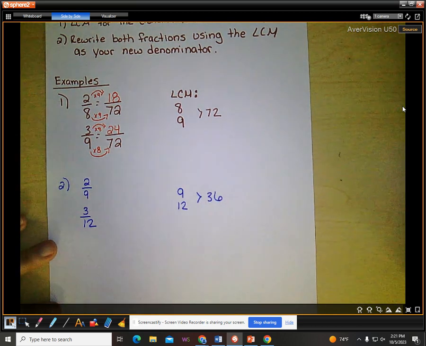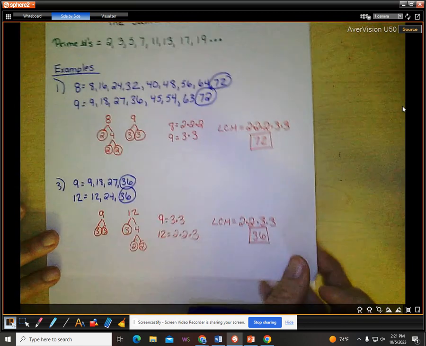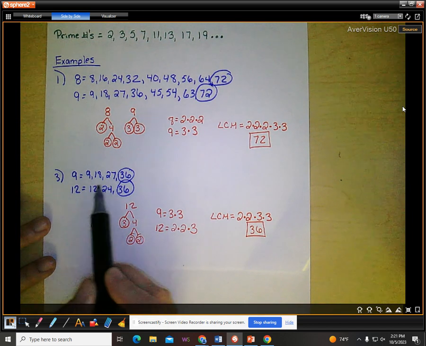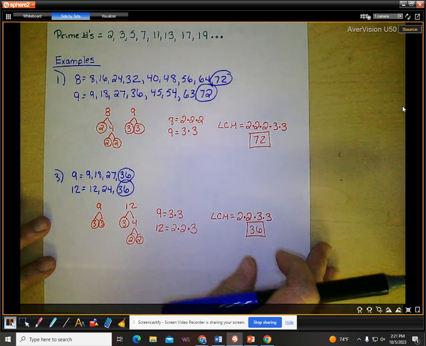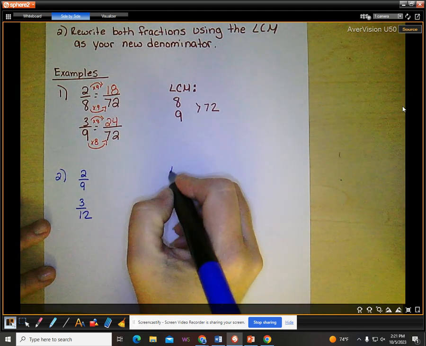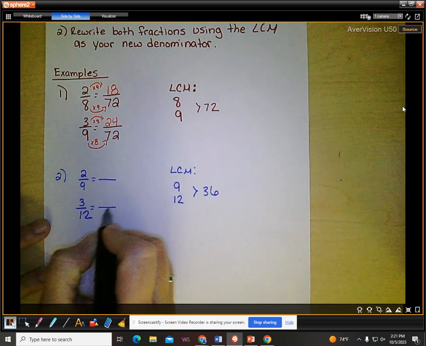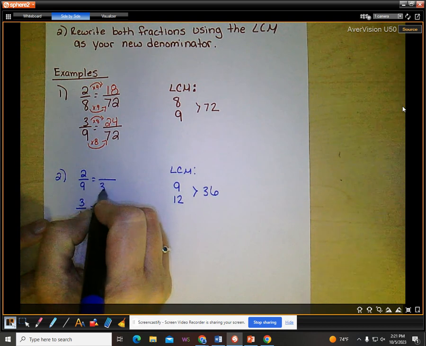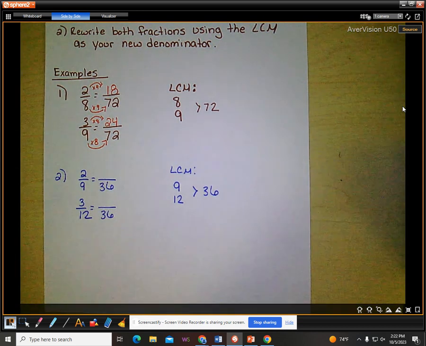You can find that using lists, or you can find that using factor trees. So we had 9 and 12. We found it using a list is 36. We found it using factor trees as 36. So again, you can look back at yesterday's notes. If I know my LCM is 36, I am going to rewrite both fractions with 36 as my denominator. So your LCM becomes your common denominator.